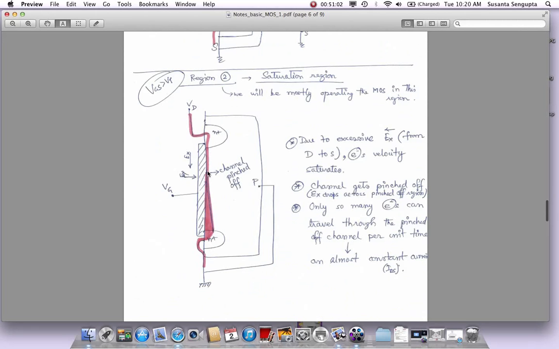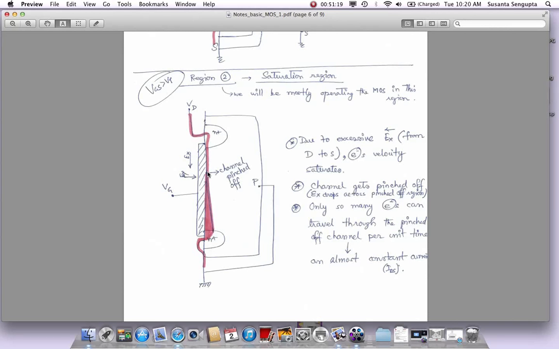But as they come here, the region is pinched off, and only so many carriers can pass through because of the velocity saturation effect. This is what we call a pinched off channel.